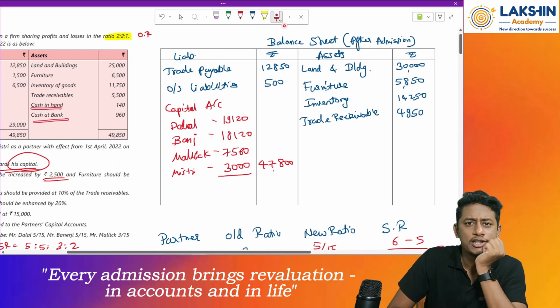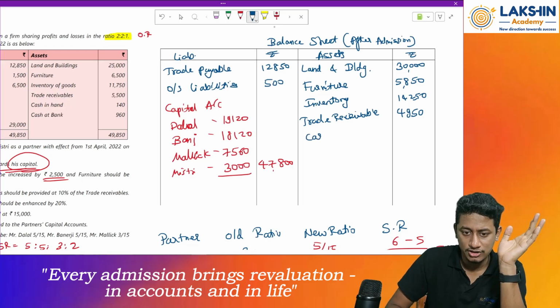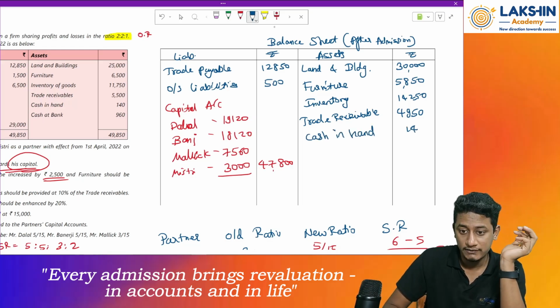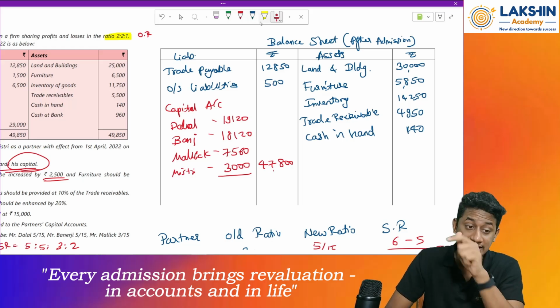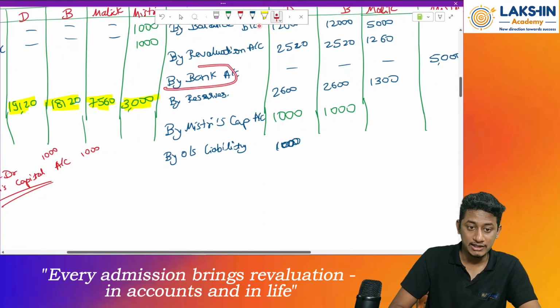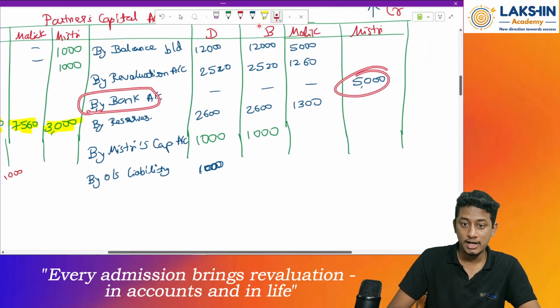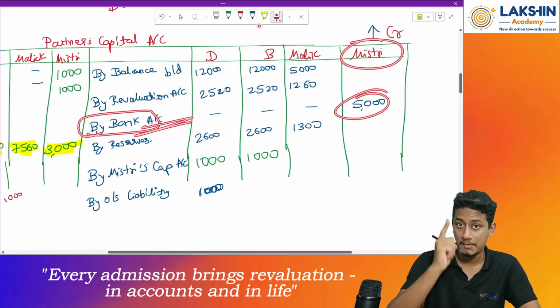Then cash in hand, cash in bank. Is there any change over here? Cash in hand, there is no change because nothing is being brought in cash by anyone. Rupees 140. Then is there any change in the bank account? Yes, there is a change. Mistry has brought in some money in the bank account as capital, rupees 5,000.